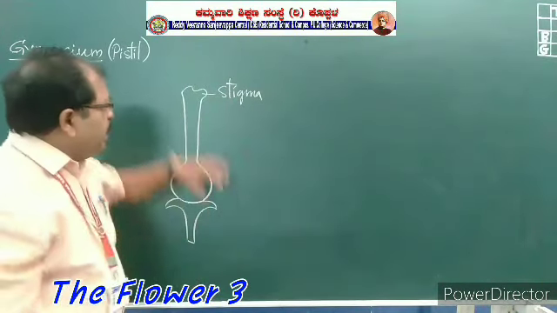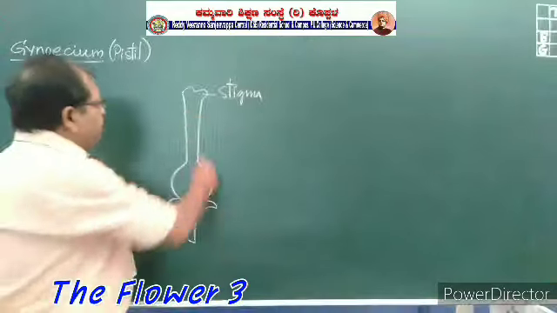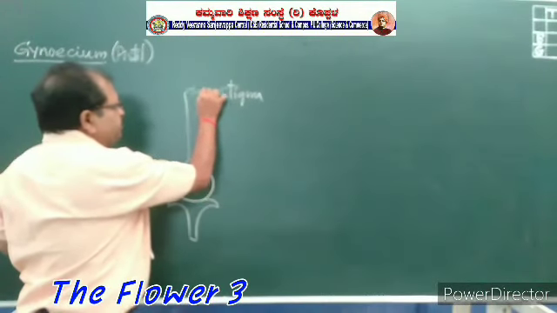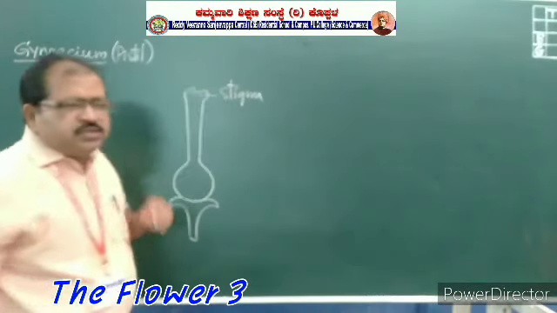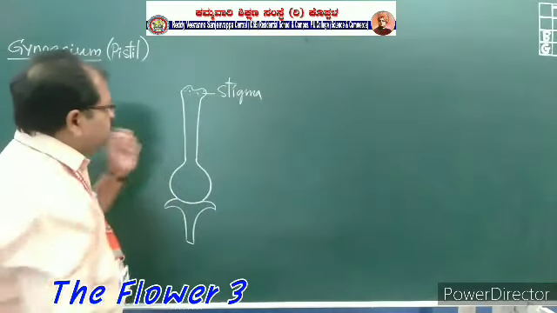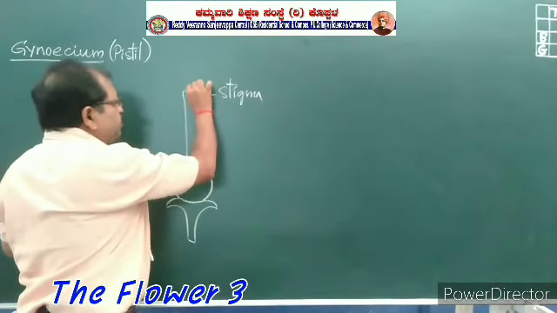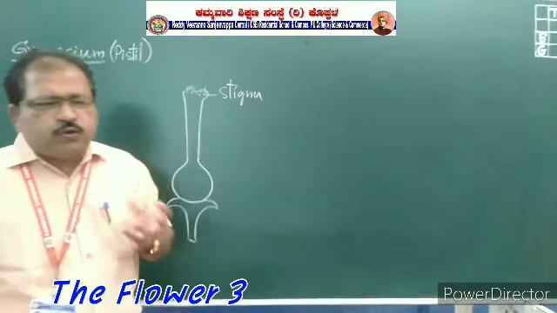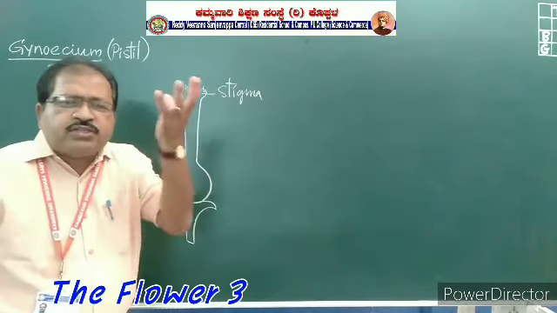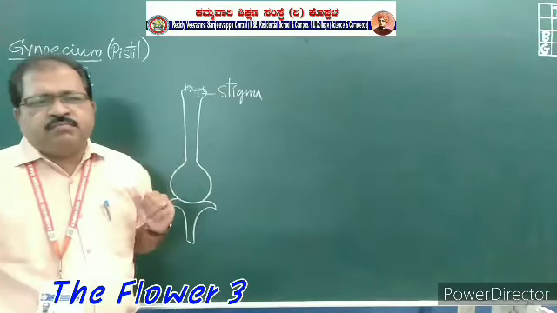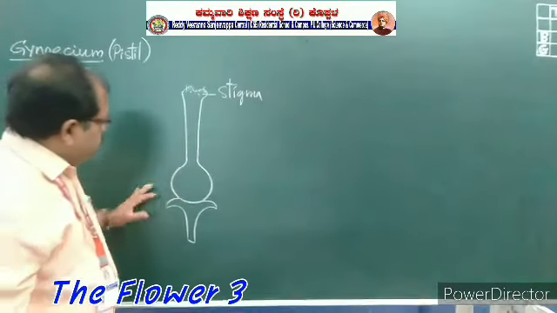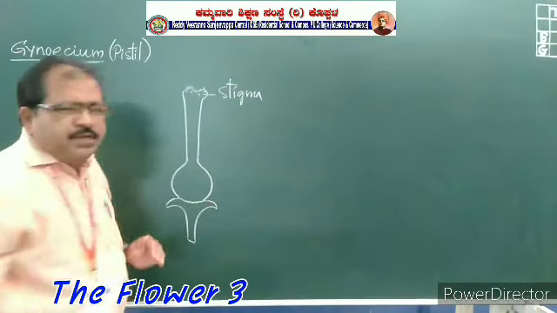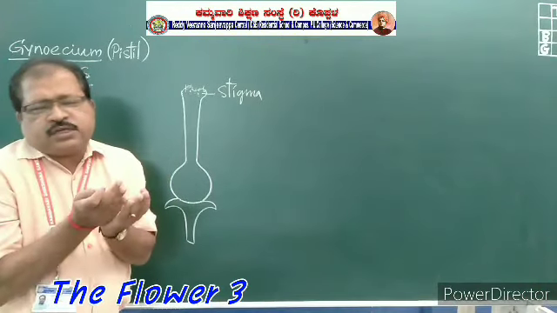Receiving the pollen grains and holding them on the top, because the surface of the stigma is always sticky in nature, or in some plants, some hair-like projections are also present on the stigma, so that the pollen grain will stick to the stigma. And next, the last part is the bulged part, a bulb-like structure.